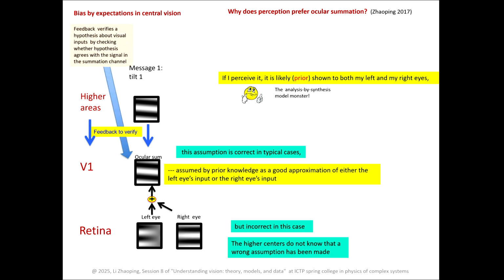Therefore, the brain's prior makes this feedback verify a message about visual inputs by checking whether this message agrees with the V1 signal in the summation channel. In our example, this verification should find confirmation of message 1.